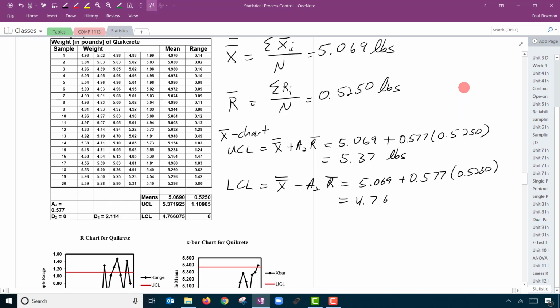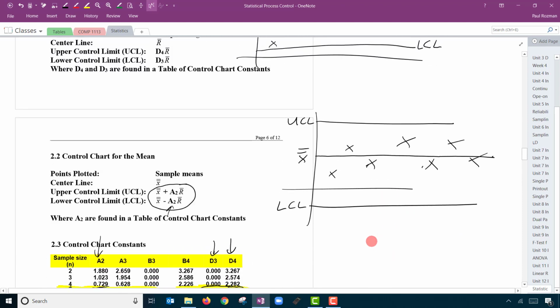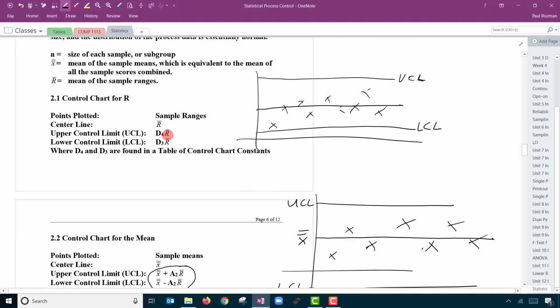And we can do the same idea for our upper control limit for our R bar chart, or R chart. Go back and take a peek at the formula. I think these are on your big formula sheet somewhere. The formulas are pretty easy.